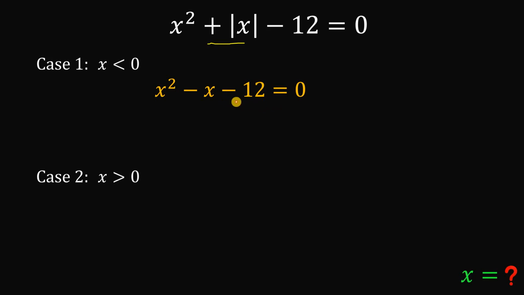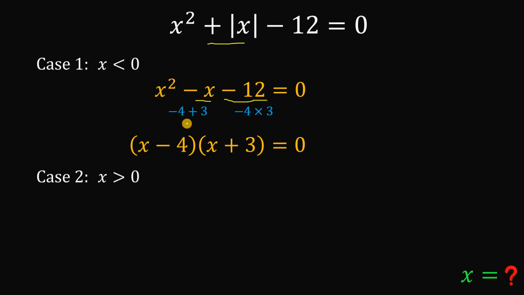One of these is, take a look at this constant negative 12. Think of two numbers that when you multiply, you get negative 12. One of these is negative 4 times 3. Take note, when we add negative 4 and positive 3, we get the coefficient of x, which is negative 1. And technically speaking, we can factor this quadratic equation as follows.